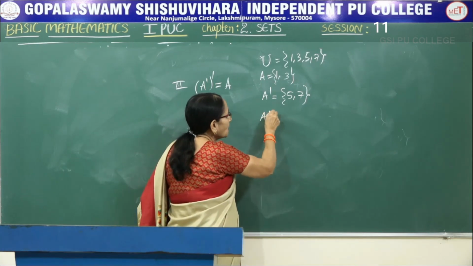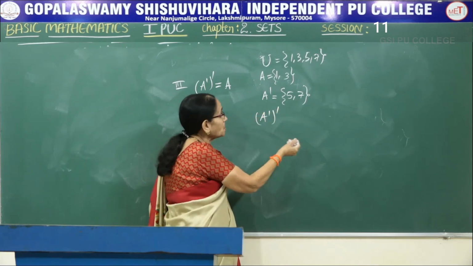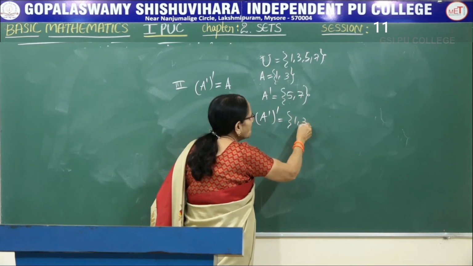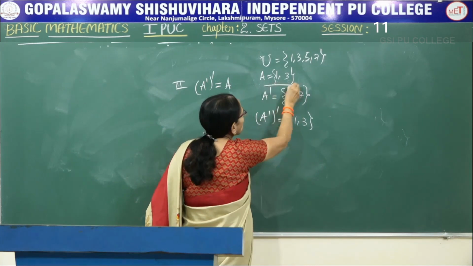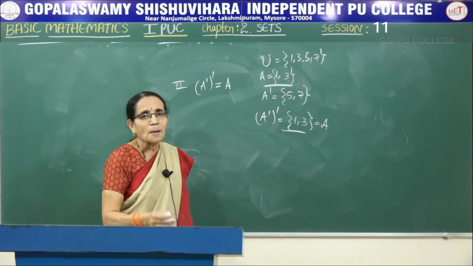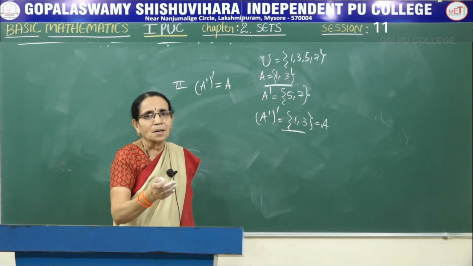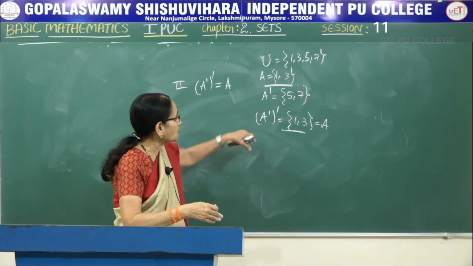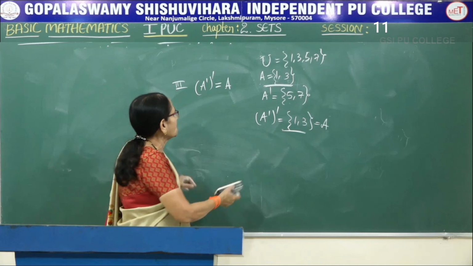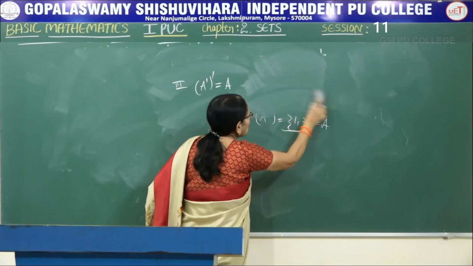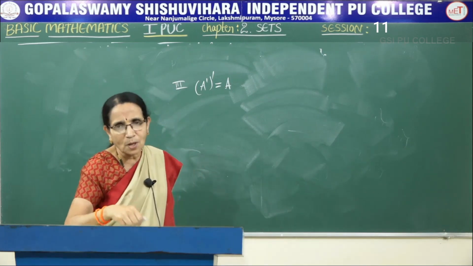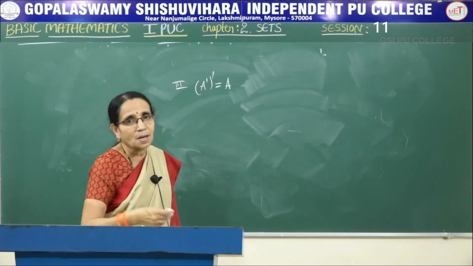Now take the complement of A dash. 5, 7 is there, and the remaining elements are 1, 3, which is nothing but the given set. It is something like when you add some number and again subtract the same number. Taking the complement of the complement, the same operation two times, we get back the original set. That is the meaning of this. It is called double complementation. So when a set is complemented two times, one after another, we get the set itself.